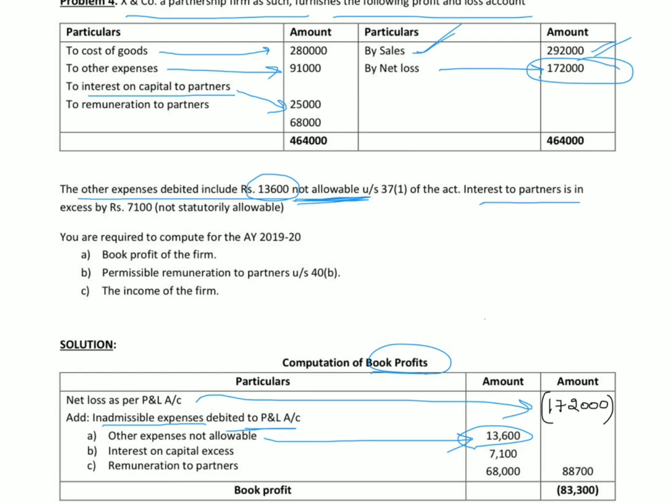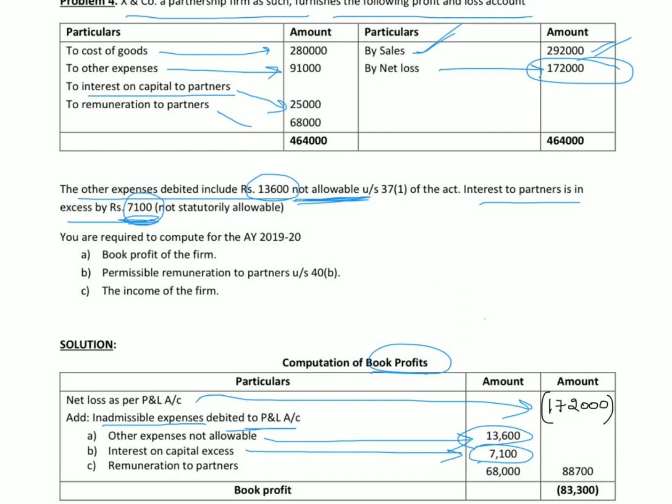Now interest on capital to partners is in excess by 7,100. They have not given us any percentage in the problem, but they have directly computed the value and given us the excess value. So interest on capital which is in excess is 7,100.